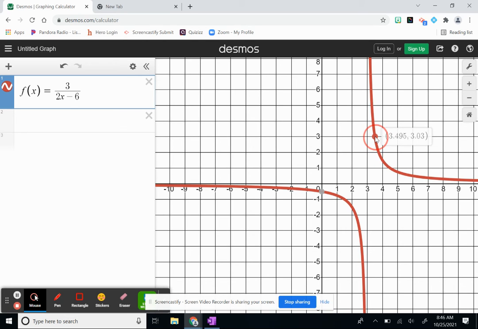Looks like 3.5, 3. Can't get there though. So 4.5, 1. And 1.5, negative 1. So I'm just going to use those to make sure that this is correct.